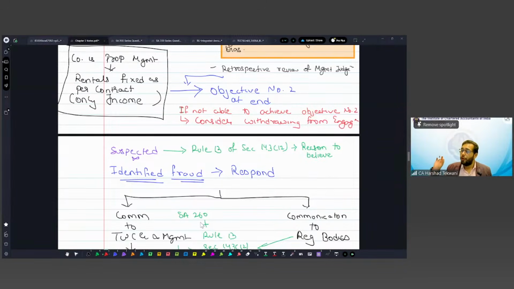So there are scenarios where you want to withdraw, but still you will not be able to, because the SEBI regulations do not permit you in case of listed entities. There could be other scenarios and other laws and regulations, for example, bank audit, or insurance audit. But as of now, the very prominent one is SEBI regulations, which in case of a listed entity doesn't permit you to withdraw if you have done certain work, or if you are trying to withdraw after certain days. We will discuss that particular also.